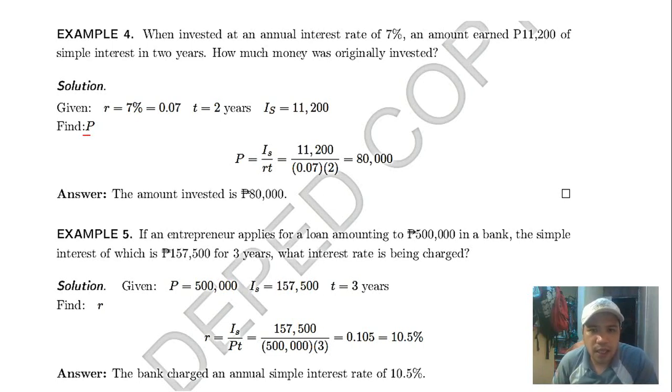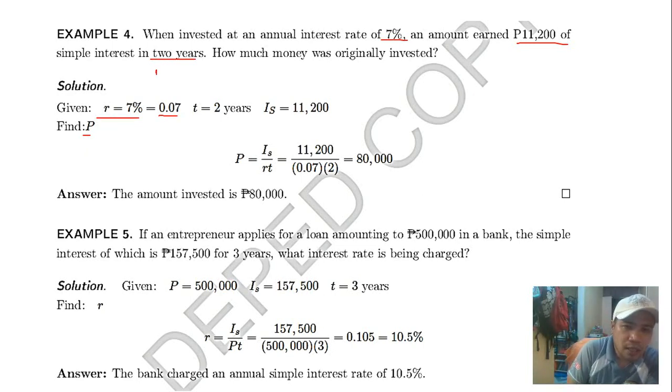When invested at an annual interest rate of 7%, an amount earned 11,200 pesos of simple interest in 2 years. So, we have 11,200 as the simple interest in 2 years' time. Then, we have 7%. How much money was originally invested? So, R is 7% or 0.07.